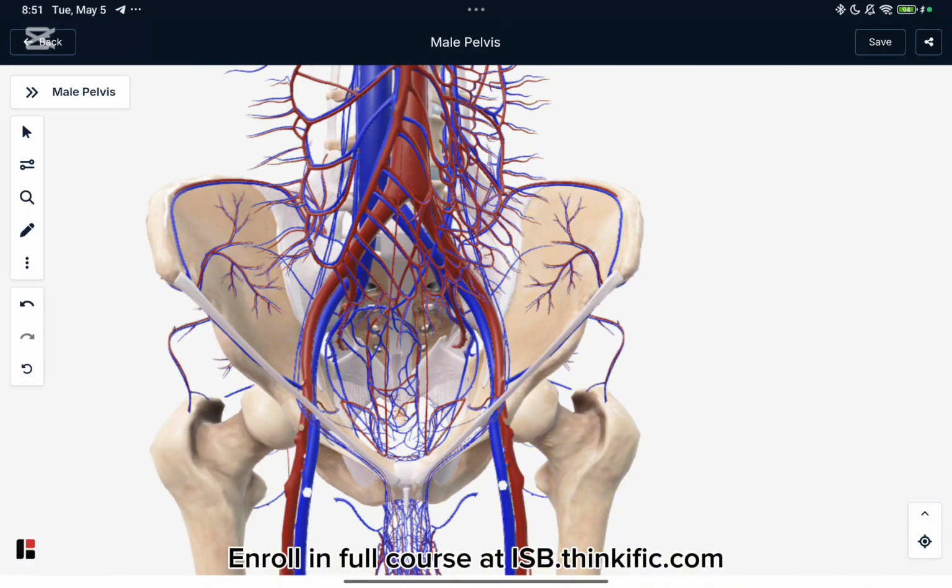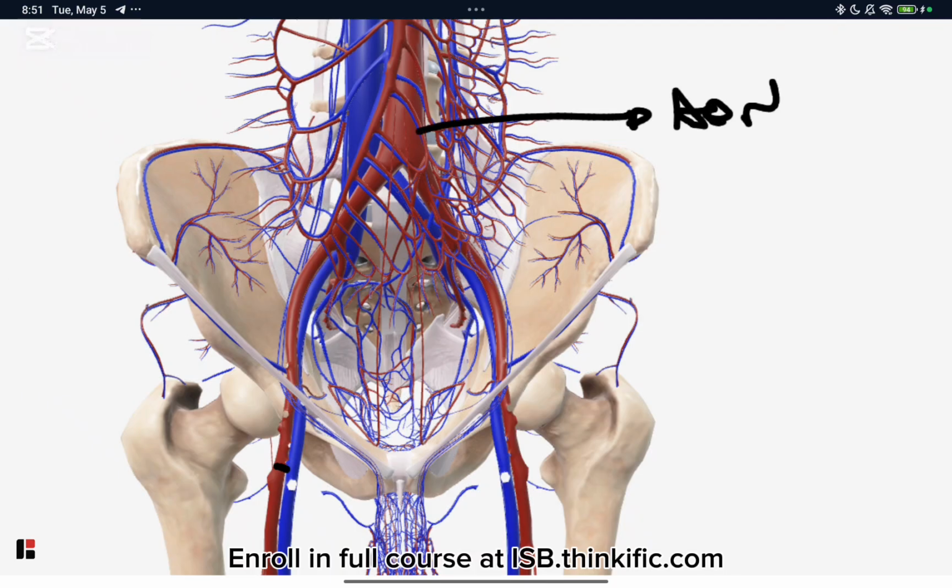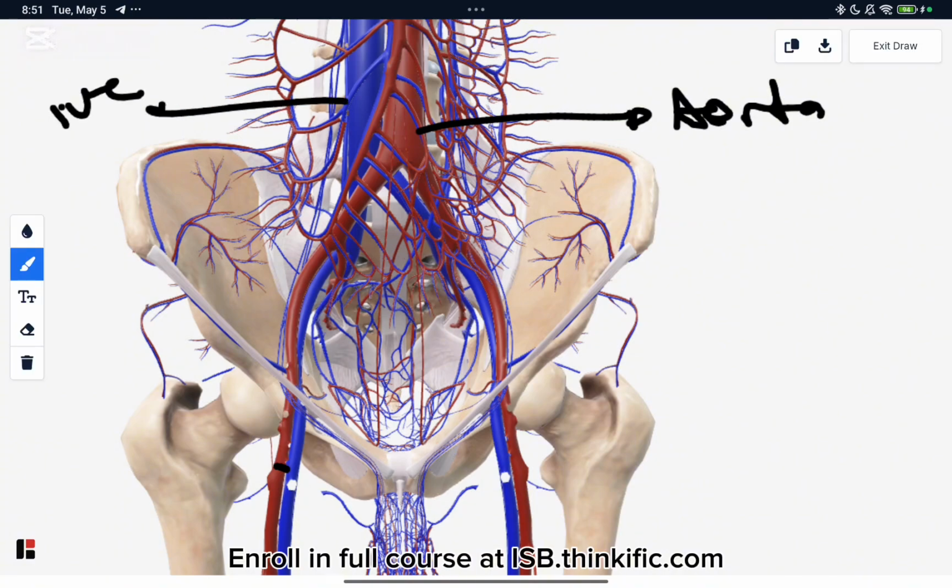All right. So we have the vessels here, right? That's the aorta, and near it, to the right of it, is the inferior vena cava, IVC. Now, if you take a horizontal plane which cuts through the tuberculum of the iliac crests on either side, it will be here, right?